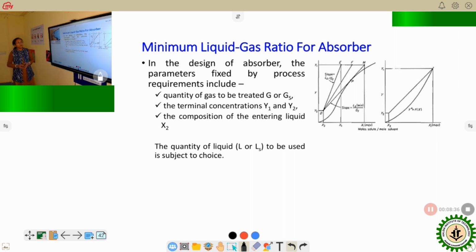Now here it is shown how we can calculate the minimum liquid flow rate from the equation of the operating line and the equation of the equilibrium line. From the diagram it is clear that there are two types of equilibrium line, which may be straight or curved. Two types of curve are shown.